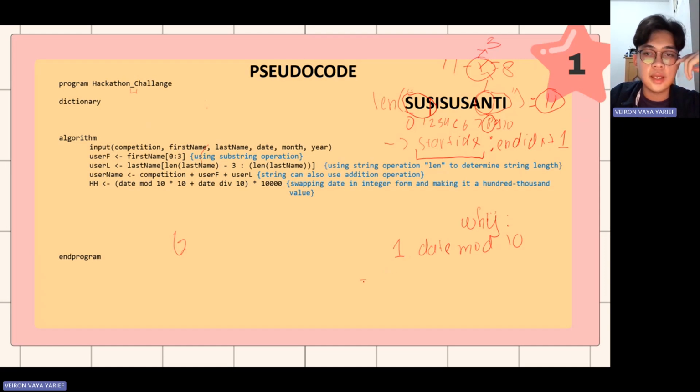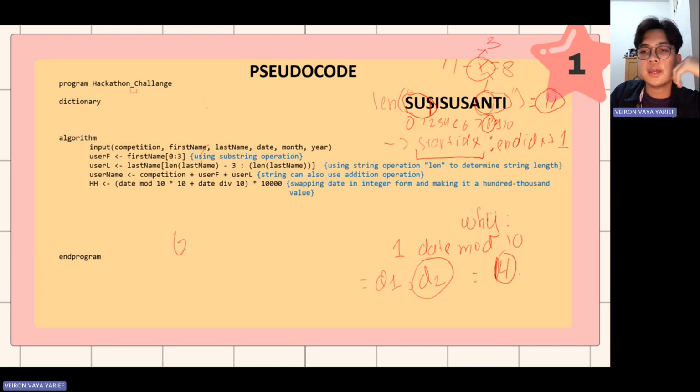Date mod 10. Why do we do this? We need to reverse the order, so we need to take the first digit and the second digit, right? For the last digit, if we have 14, how do we get it?